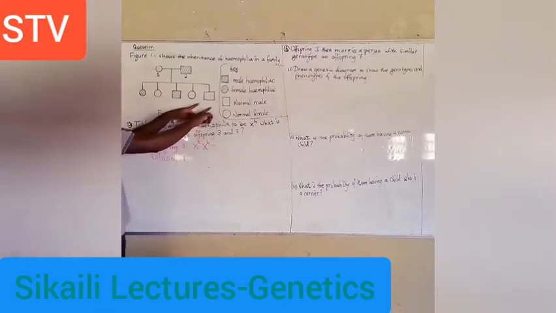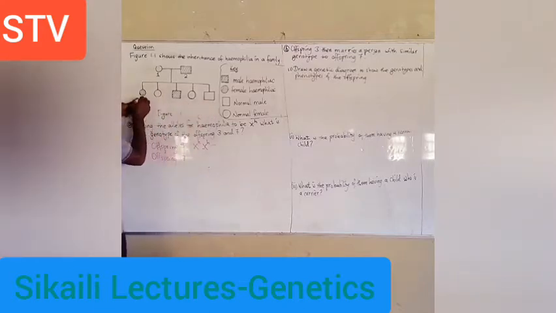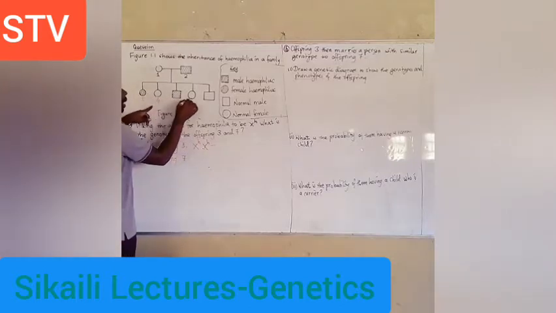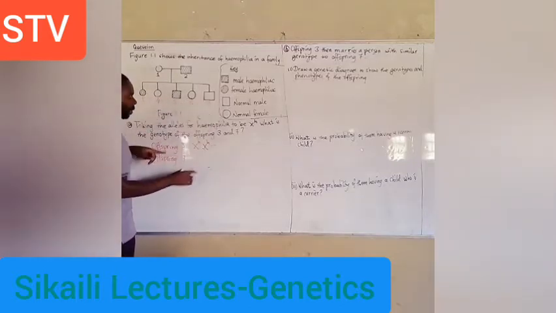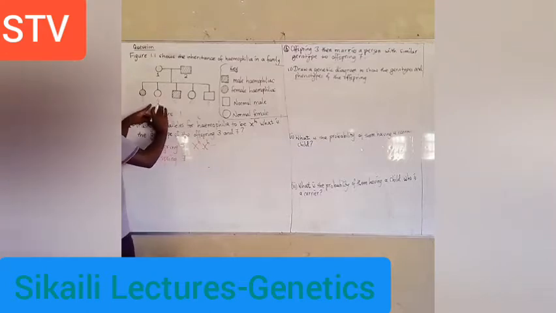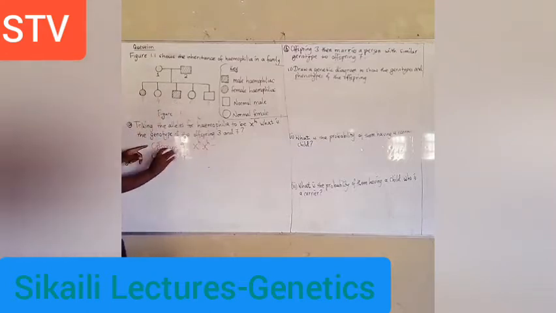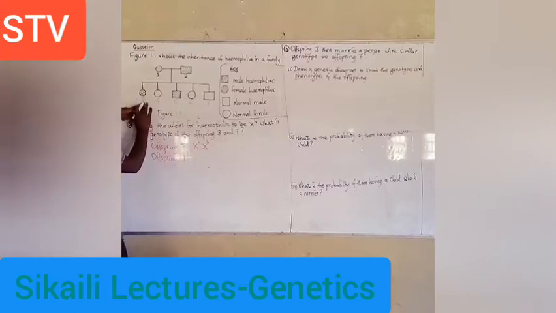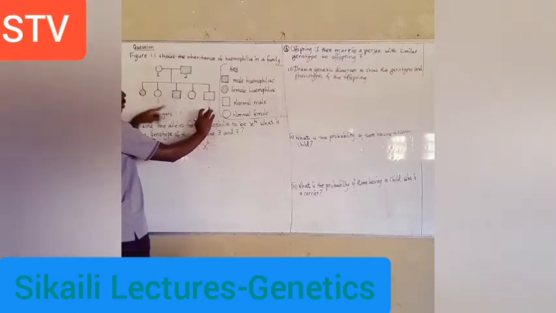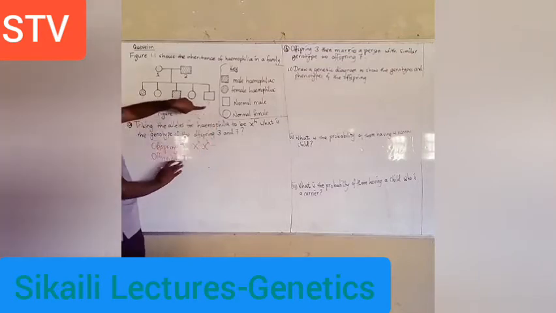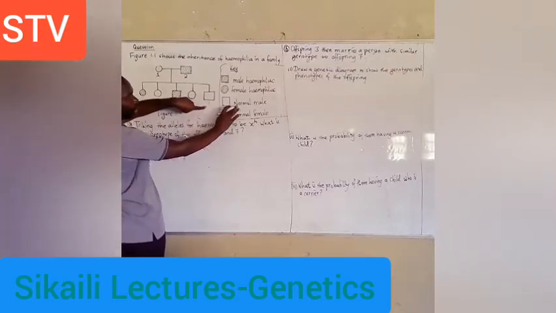Then this is supposed to be 3, and this is supposed to be 4, 5, 6, and 7. So this is offspring 3, and then offspring 7, who happens to be a male, according to this, a normal male.